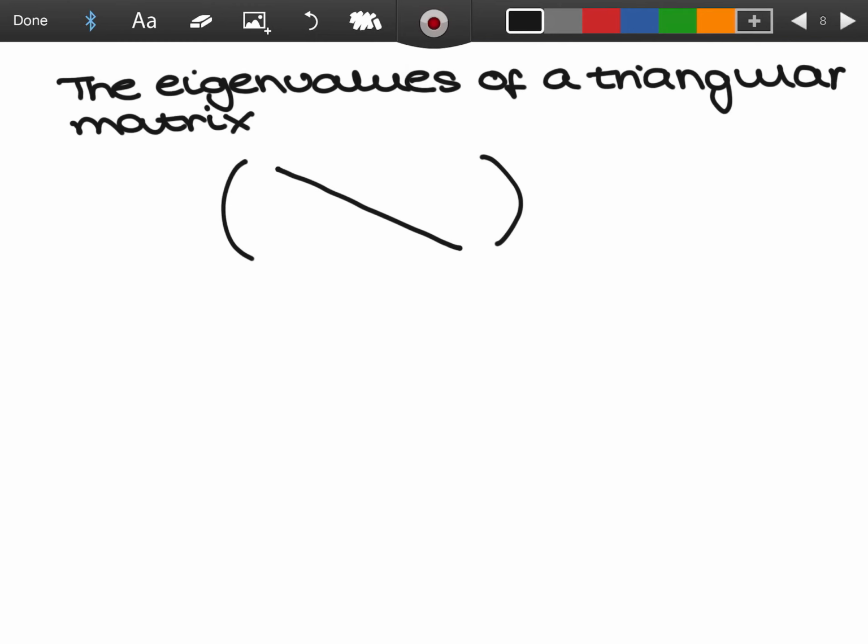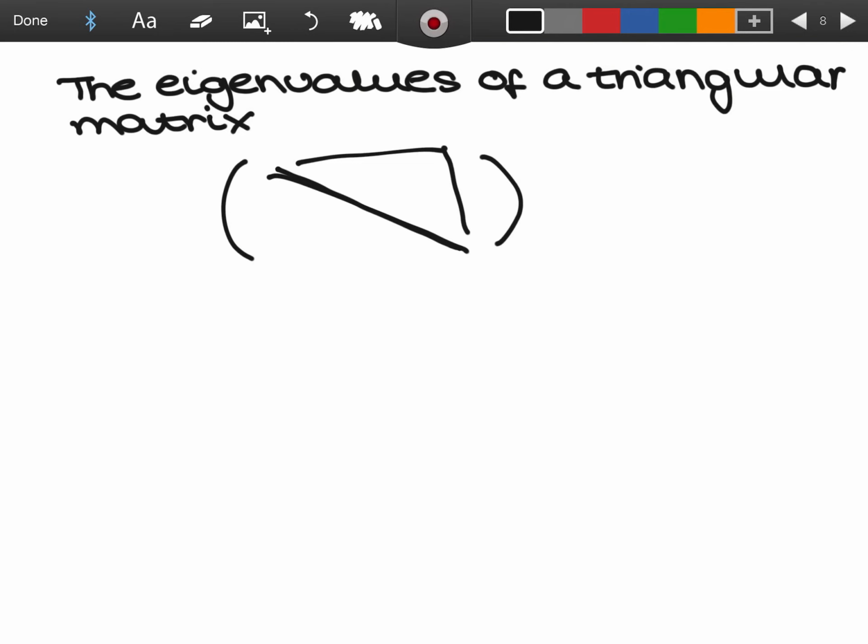So that is your diagonal. A triangular matrix either has elements on the diagonal and then up here, or it has elements on the diagonal and down here. But it's always off of that main diagonal. Don't take the diagonal this way. It's always the diagonal this way.